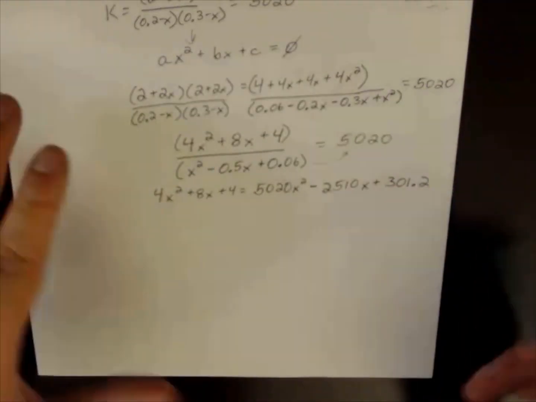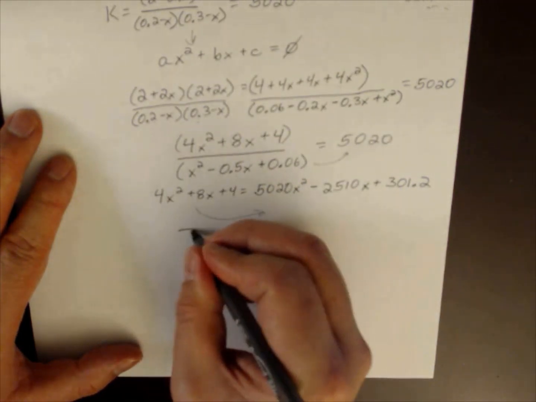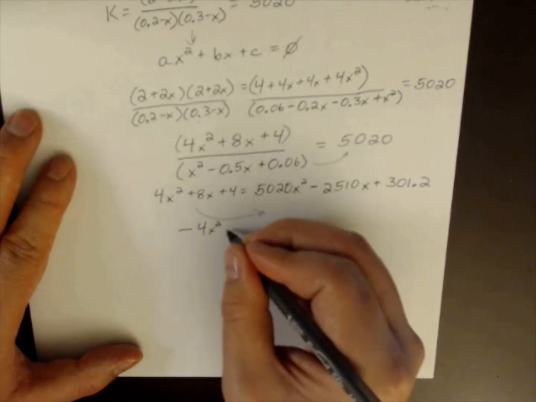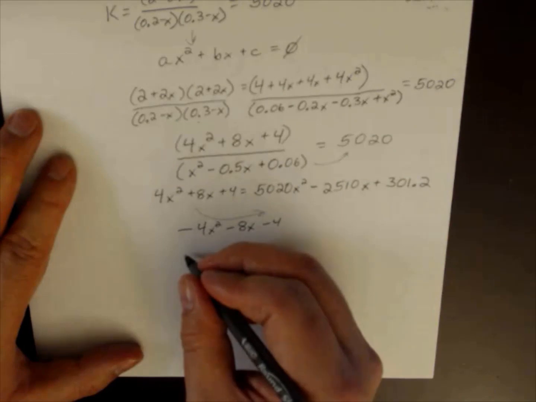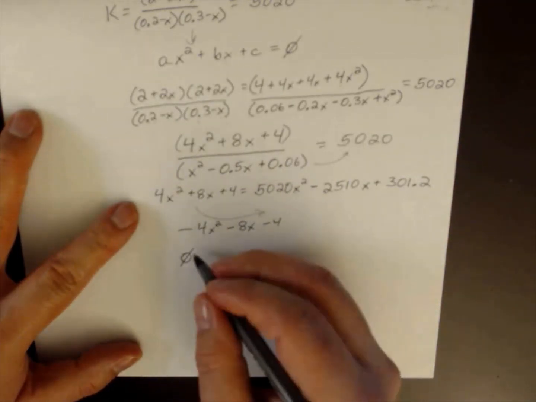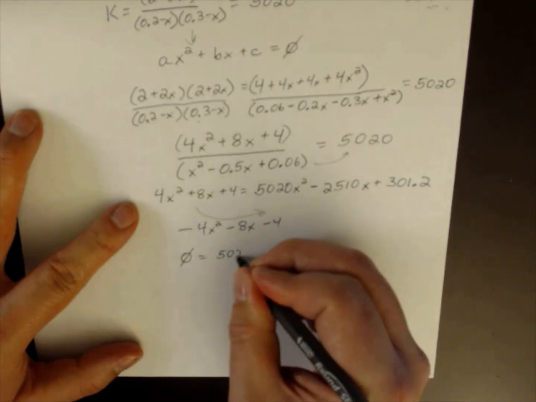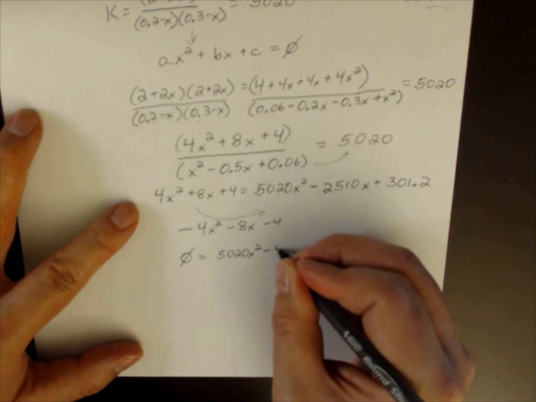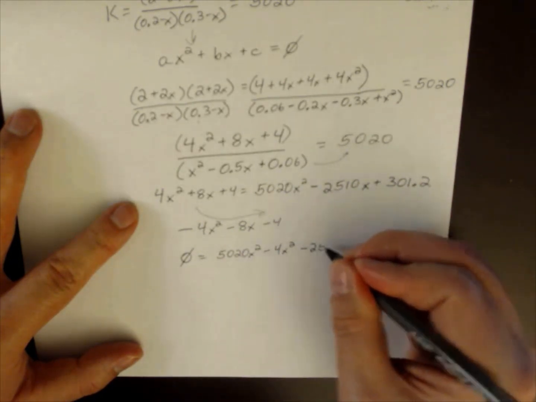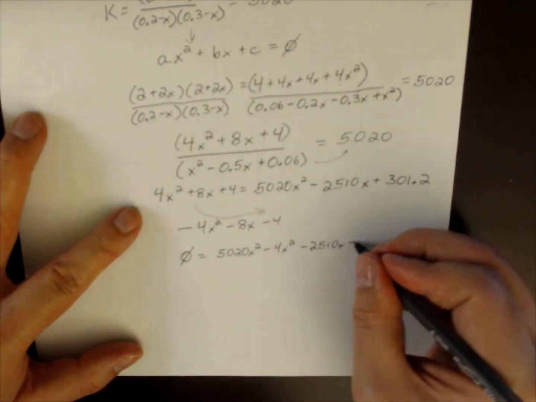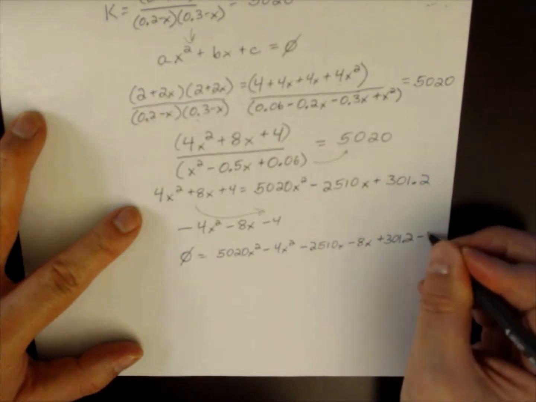Now I need to rearrange this, so I'm going to move everything over to this side. I'm going to subtract 4x squared from both sides, subtract 8x, and subtract 4. That's going to get me 0 on the left-hand side equals 5,020 x squared minus 4x squared, minus 2510x minus 8x, plus 301.2 minus 4.